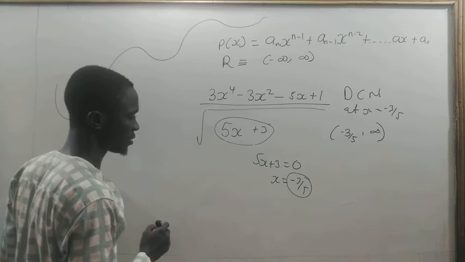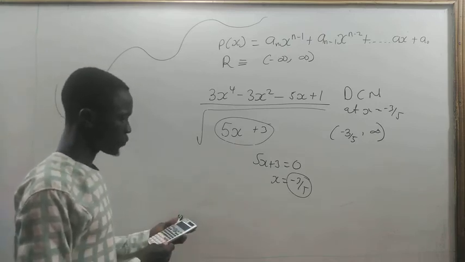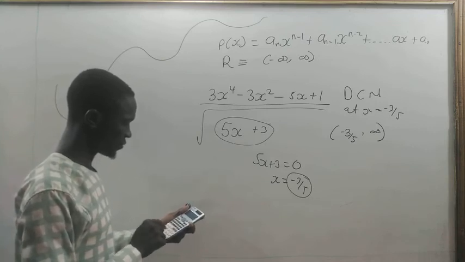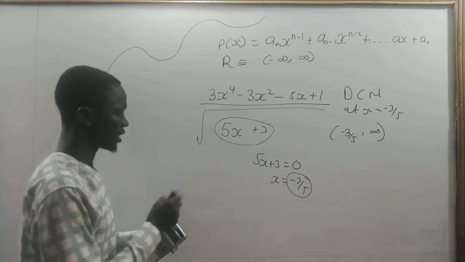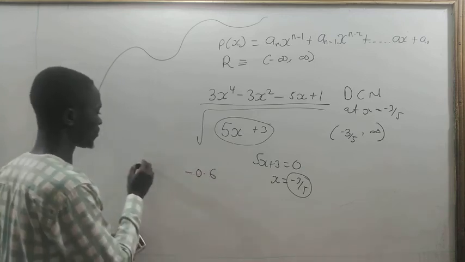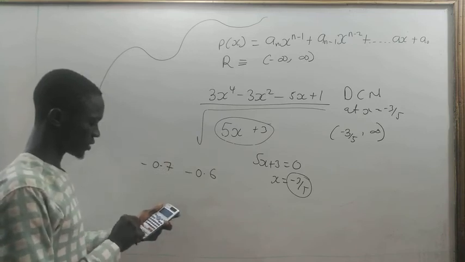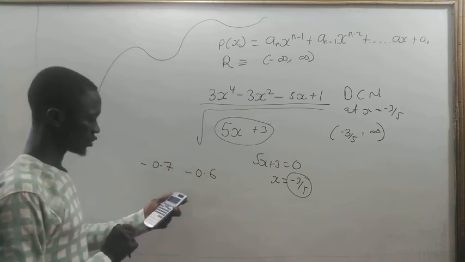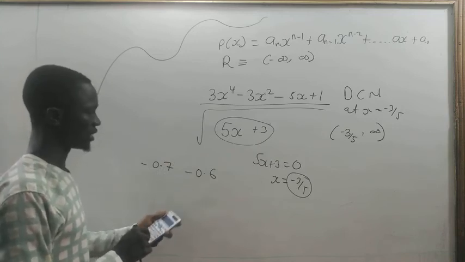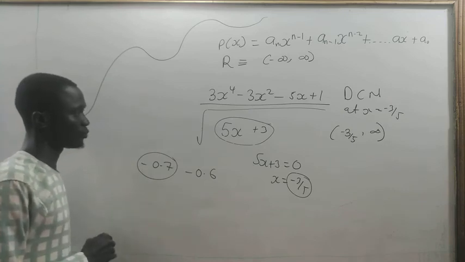Let's check and see. Minus 3 divided by 5 is minus 0.6. So let me take minus 0.7, which is less than minus 0.6.